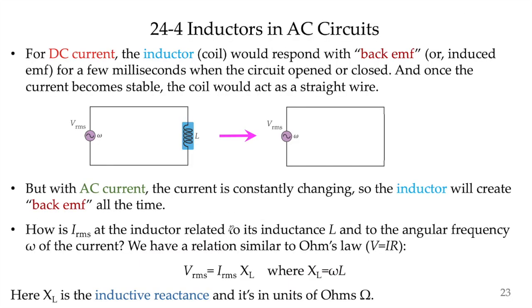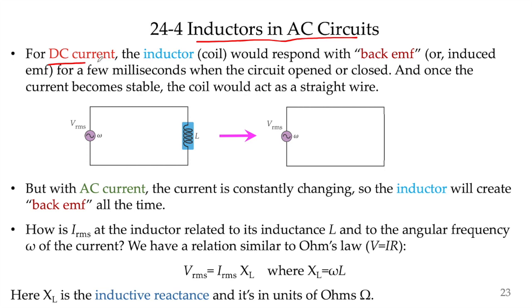Okay, so now we are going to continue with inductors in AC circuits. Remember, inductors were just like coils. Let's remember what happened when we connected them to DC sources.